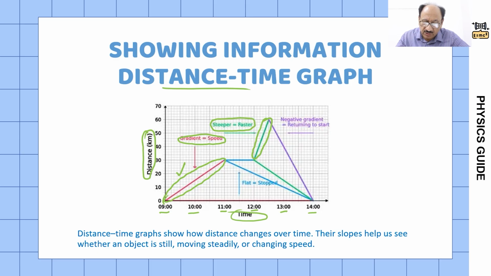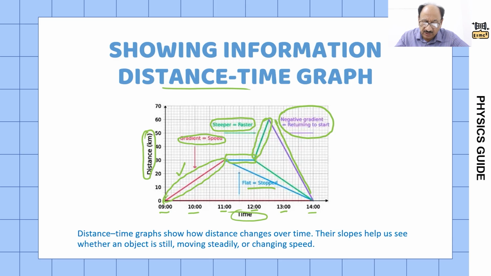It represents faster motion, and a stationary horizontal line represents the state of rest. Then negative motion will be downward, which is a negative gradient, returning to the starting point, and flat represents stopped, right?